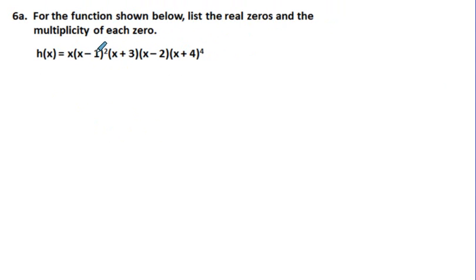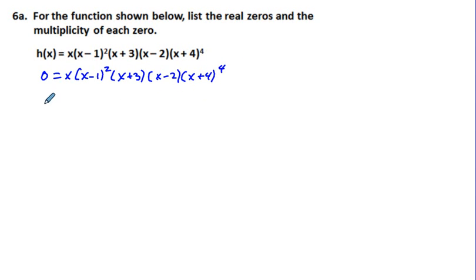We can use the zero factor property. If we set this whole function equal to 0, then we can rewrite this as 0 equals x times quantity x minus 1 squared times quantity x plus 3 times quantity x minus 2 times quantity x plus 4 to the 4th power.